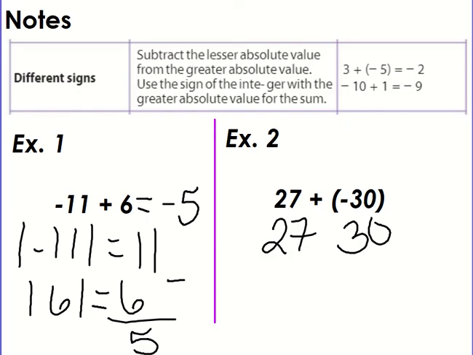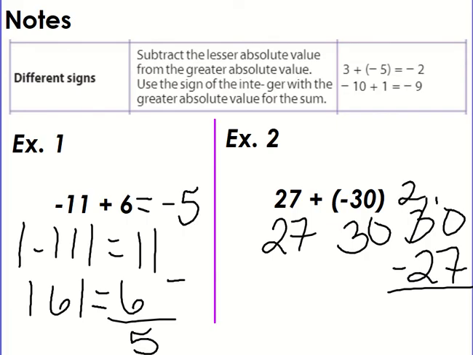So we're going to take 30, subtract 27, because it has a larger absolute value. Okay, don't forget to borrow. 10 take away 7 is 3, and 2 take away 2 is 0, and so we get 3.